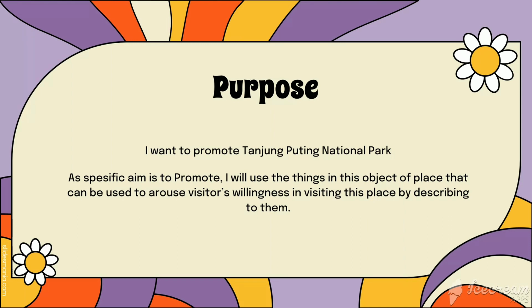And then remember, analyze the thing that makes the visitor want to visit that place. So you have to think of one or maybe more than one thing that makes the visitor or the reader of our essay want to visit the place.